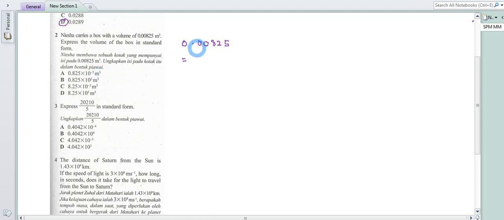I write 8.25. The decimal is over here, but I already moved it to here, so I need to move back. 1, 2, 3. Then power negative 3. So the answer should be 8.25 times 10 power negative 3.